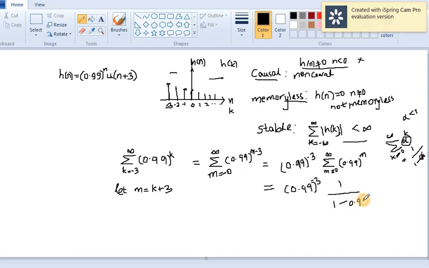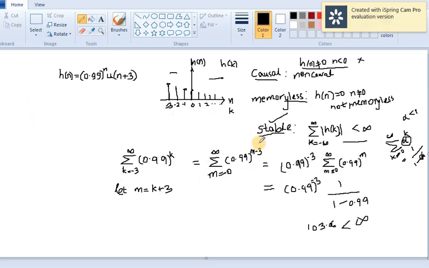And this works out to be around 103.06. So certainly it is less than infinity, so our system becomes stable. The system is stable. So this is regarding the solution of this discrete problem.